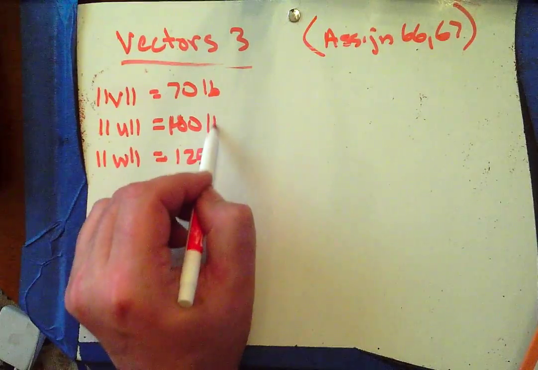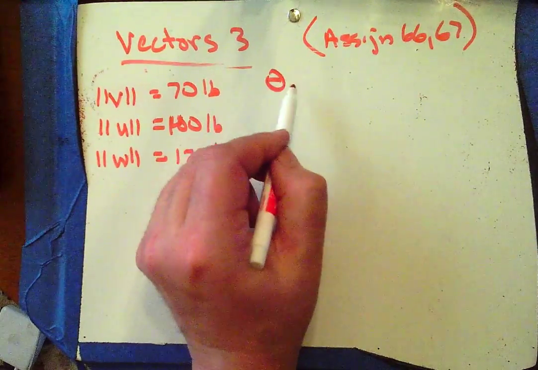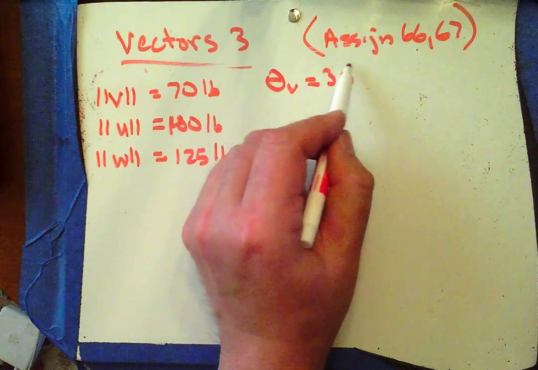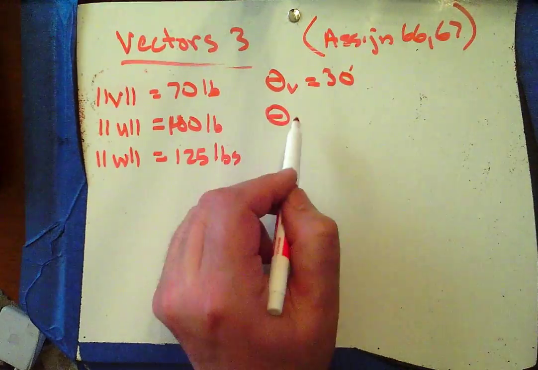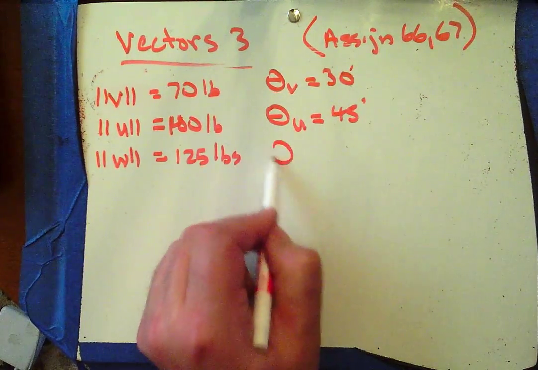And these are all in pounds of force. And we know that theta V equals 30 degrees and theta U equals 45 degrees and theta W equals 120 degrees.